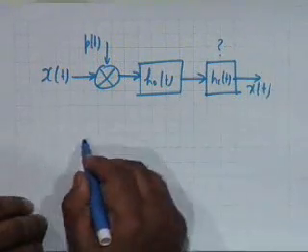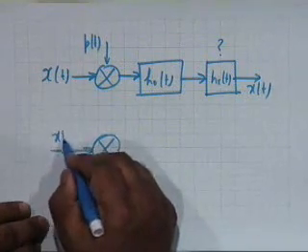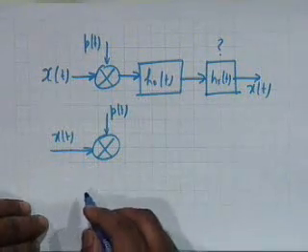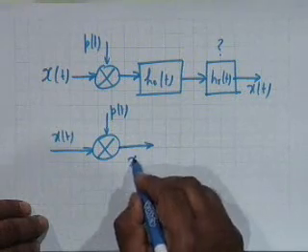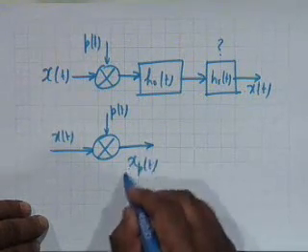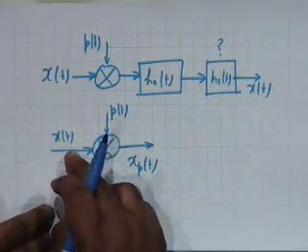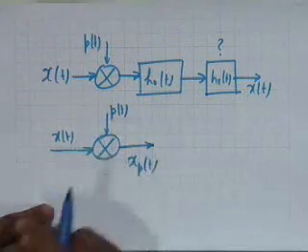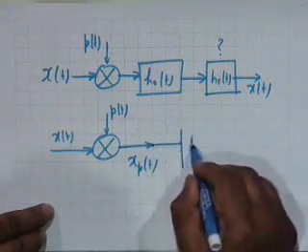You also recall that if we had simply x of t impulse sampled by p of t, then what is this xp of t? The spectrum of xp of t is simply a periodic repetition of the spectrum of x of t, and all we had to do to recover x of t was to pass it through an ideal low pass filter.